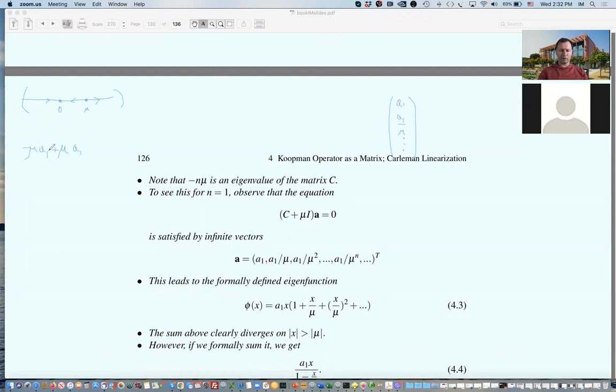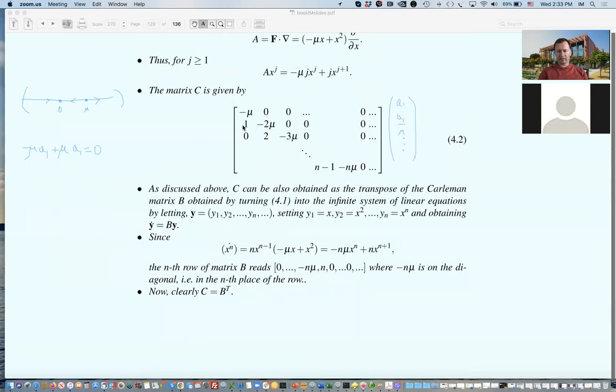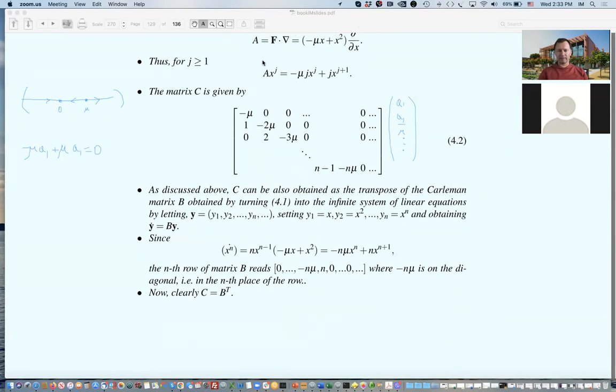It gives you minus mu A1, that comes from C multiplying the first element of A. And then I have the plus mu A1, which comes from this part multiplying. So this is the infinite identity matrix multiplying the first element of A, and that is clearly 0. So far, so good to start with, but if we continue doing this for the second row, the third row, and so on, the result is the same. In other words, we get all of these terms to be 0.